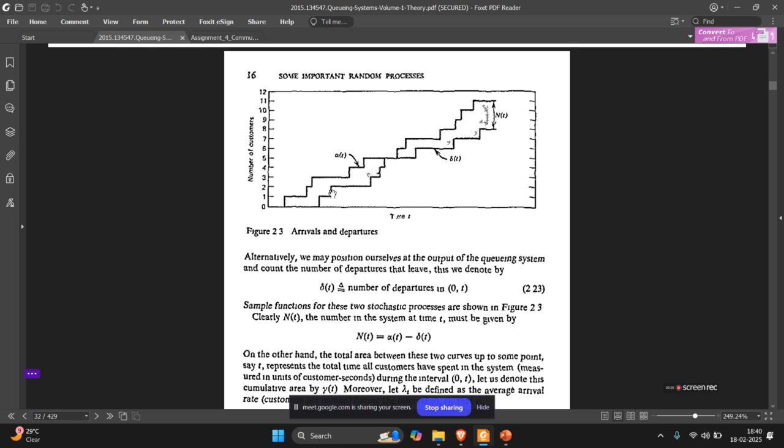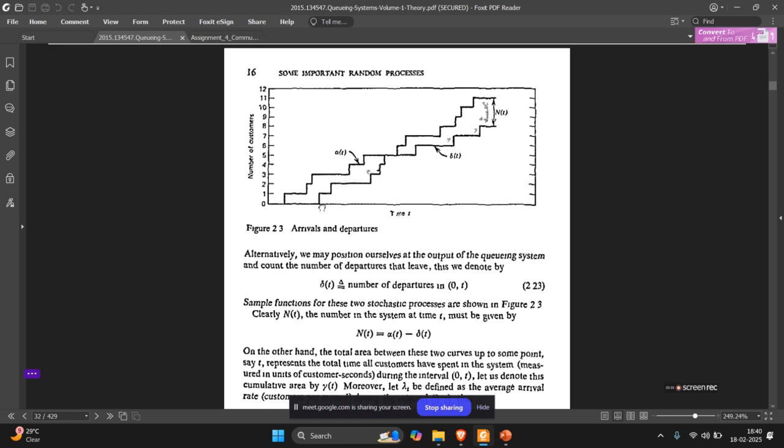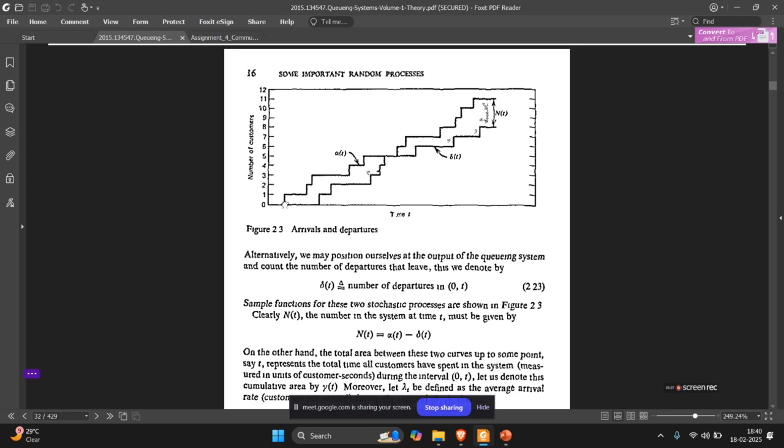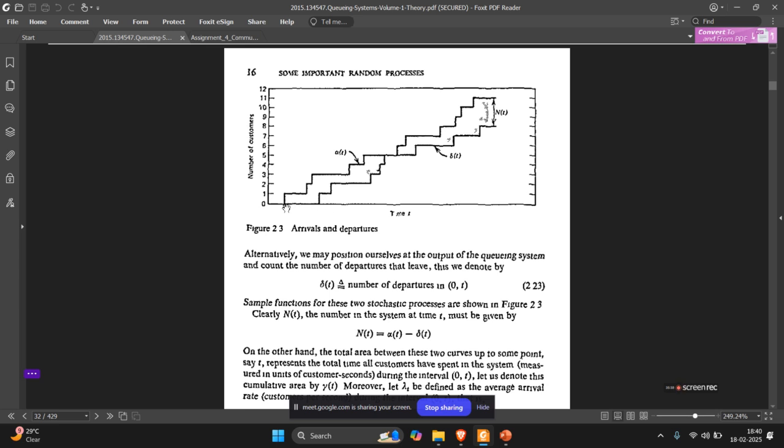Similarly, there is the number of packets that are getting serviced and exiting. Here we see the first packet came here and the first packet exited here. So for the first packet, the service time was this much. Then after the first packet, the second packet leaves the system, then the third packet. So what is the difference?